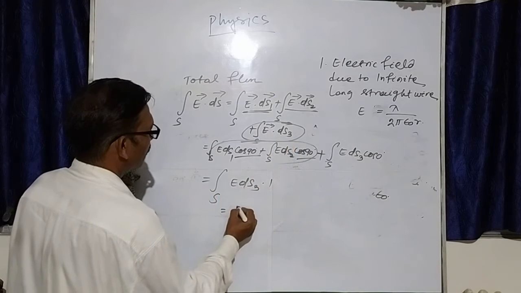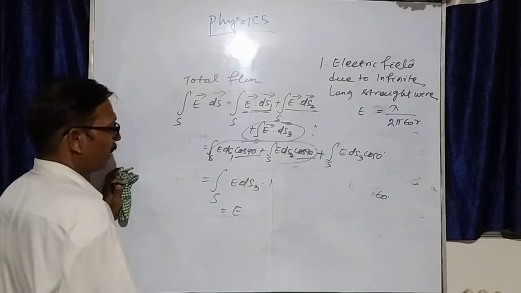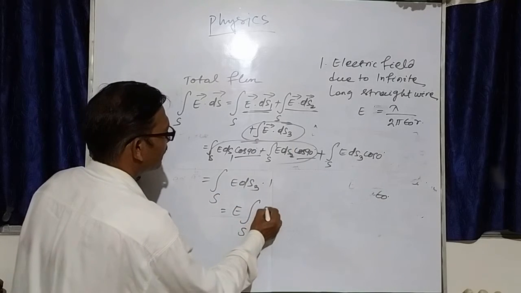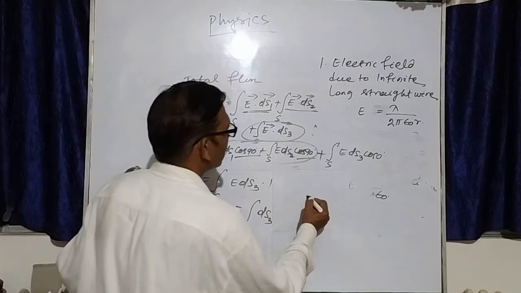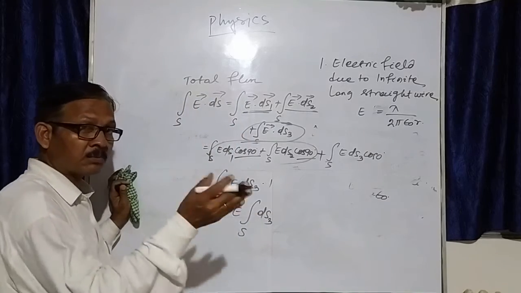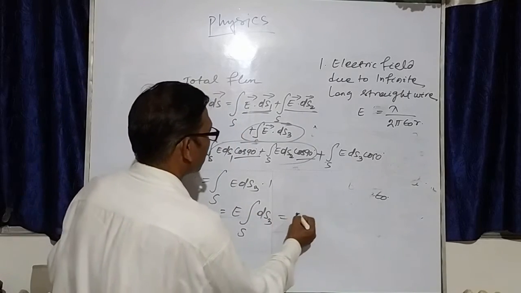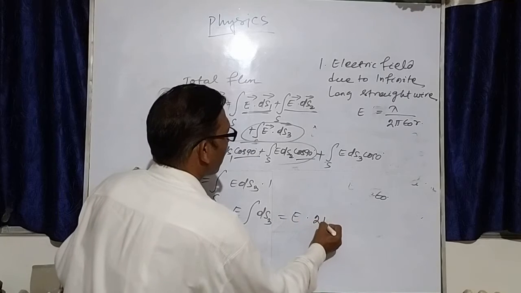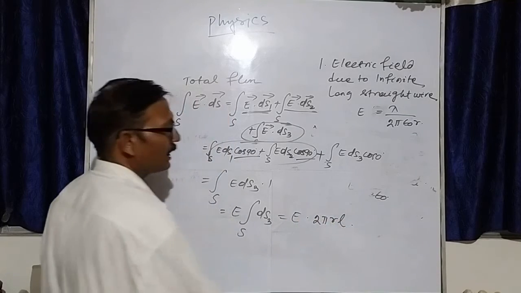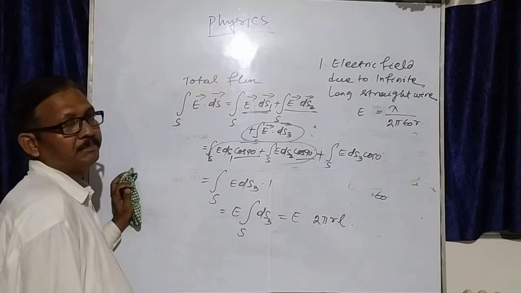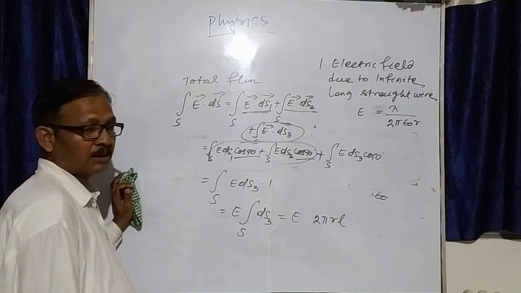Taking E out, this is equal to E times the integration of ds3. ds3 means the cylinder's lateral surface area, the curved surface area of a cylinder, which is E 2 pi r L, where L is the length or height of the cylinder.